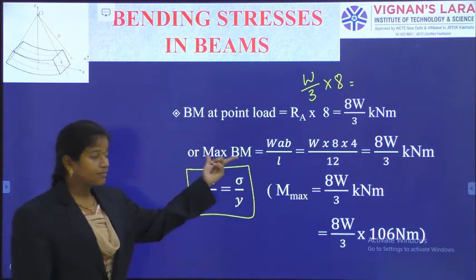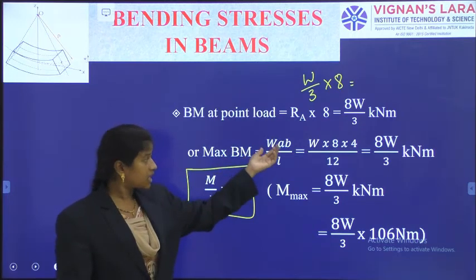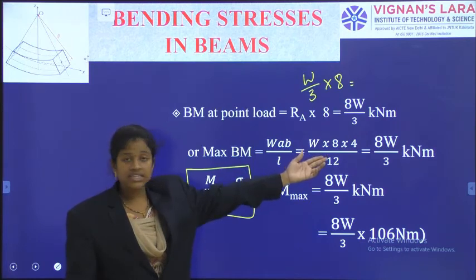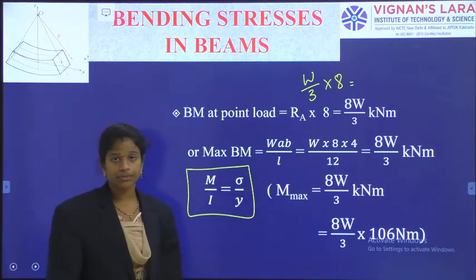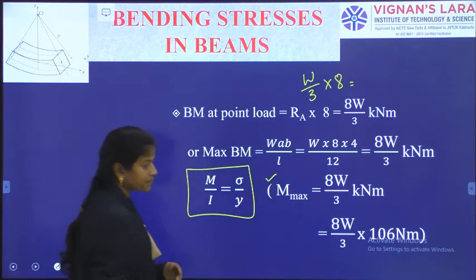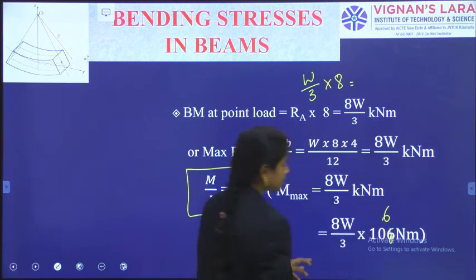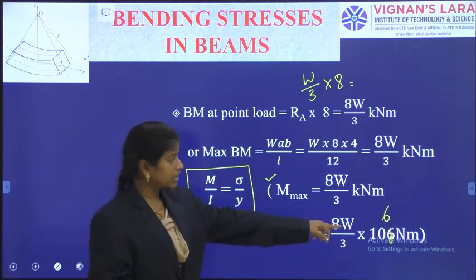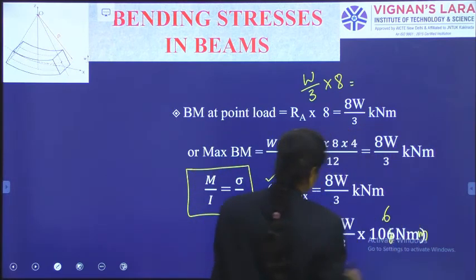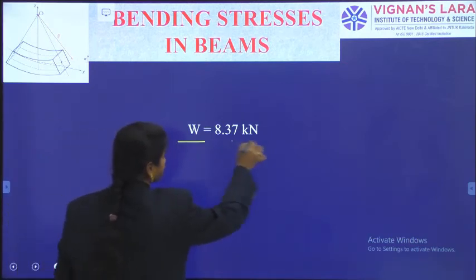Or from the previous step, from the maximum bending moment formula WAB by L, W into 8 into 4 divided by 12 meter length, in this way we can calculate 8W by 3 kilonewton meter. So 8W by 3 kilonewton meter is like this, or you can say 8W by 3 into 10 power of 6 Newton millimeters.